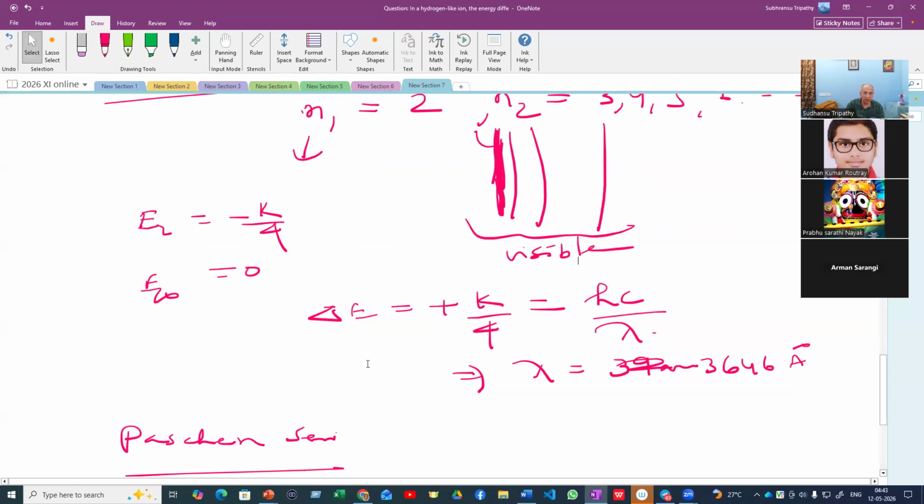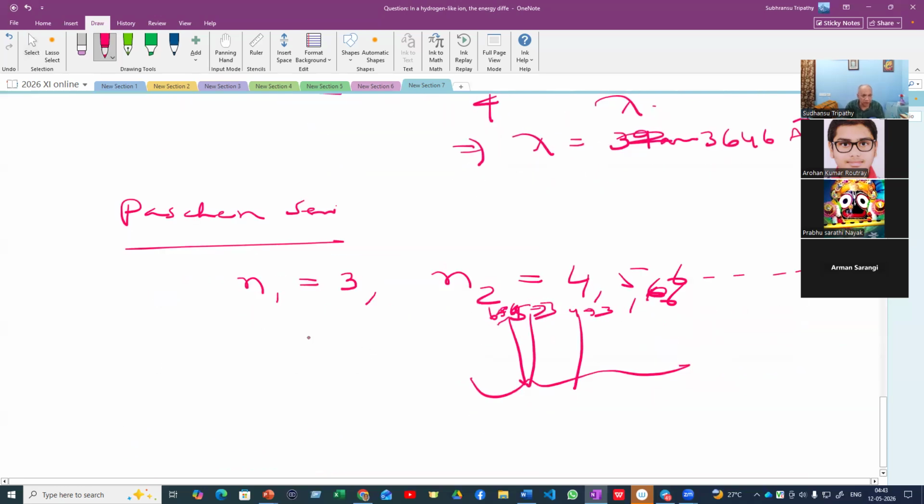And all these lines of this Paschen series will be falling in which region? Yes, Prabhu? Sir, near infrared region. Yes, in the first part of the infrared. What is the range of infrared? Can you tell me the approximate range of infrared radiations?